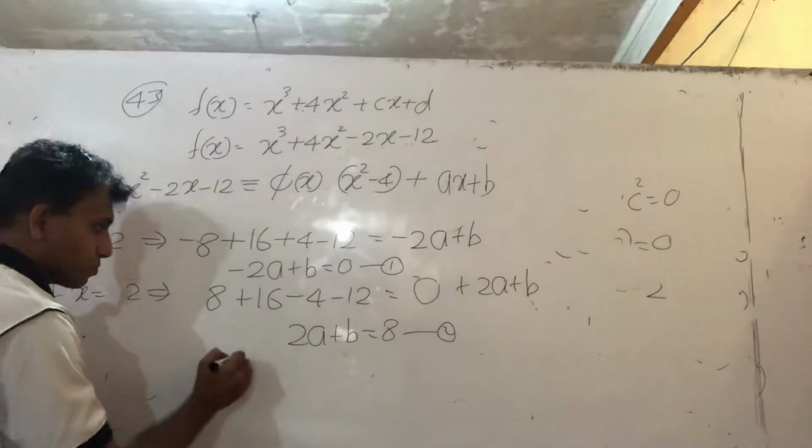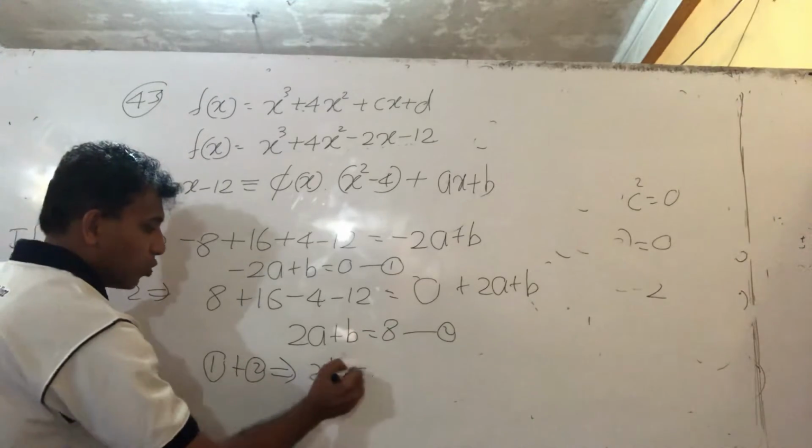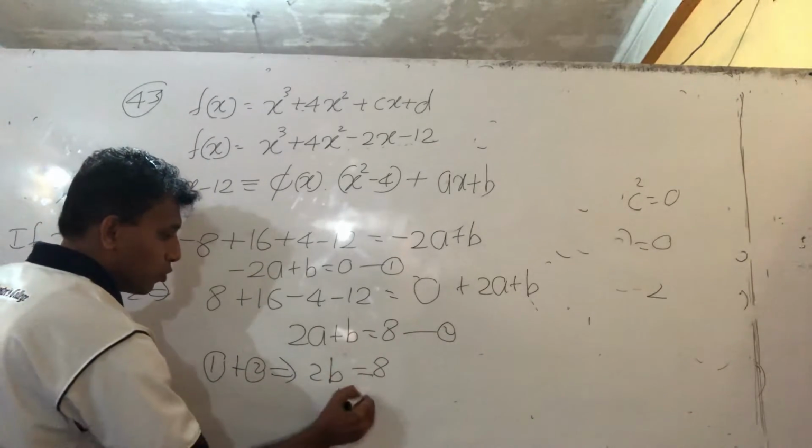Now it's simple grade 9 mathematics of simultaneous equations. Add 1 and 2, a cancels. 2b equals 8, so b is 4.